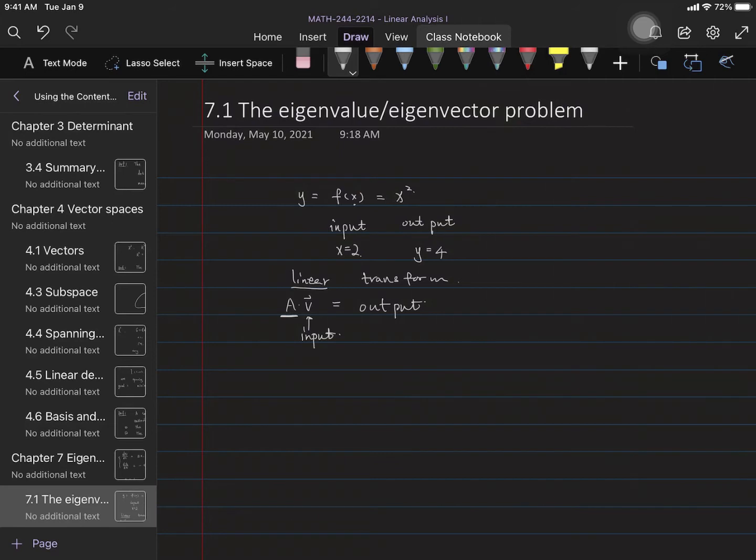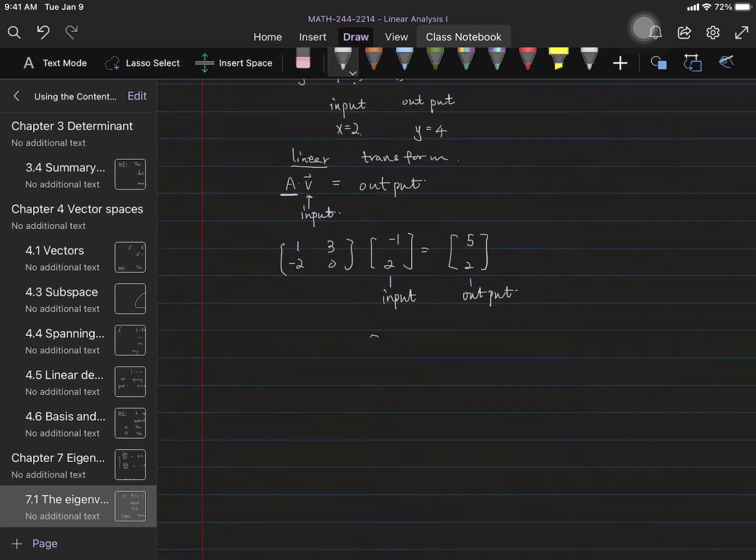I'm going to show you one example. If our A is [1, 3; -2, 0] and we give this input and perform the product, we get an output. This is the input, and this is the output. Why is it called a linear transform? If we look at this in a graph, we treat this (-1, 2) as a vector, -i plus 2j. We just write it in a column.